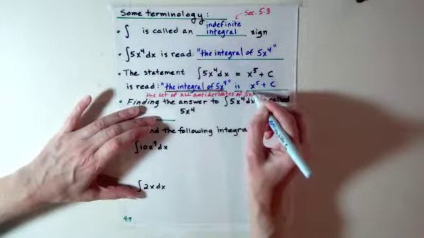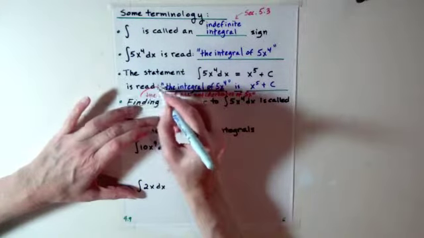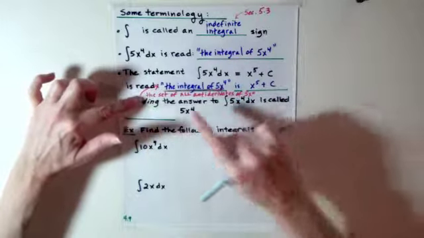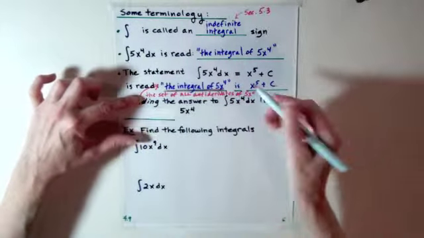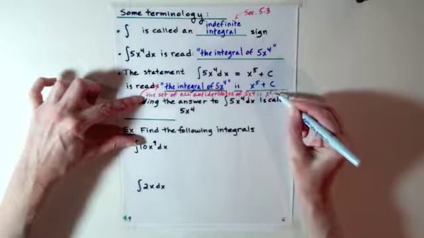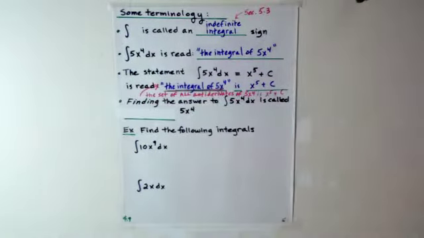And you can see this is just so much longer to write, but this left-hand side of the statement would be the same thing as saying the set of all antiderivatives of 5x to the fourth is x to the fifth plus c. And it's just so awkward that we come up with this new word, integral, to mean the set of all antiderivatives.